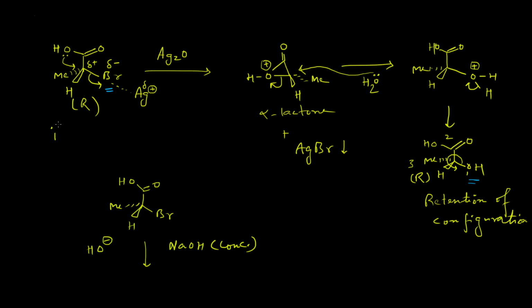So NGP will be observed when silver oxide is applied as well as in low OH minus concentration. These two are the conditions when this type of neighboring group participation is observed in case of 2-bromopropanoic acid.